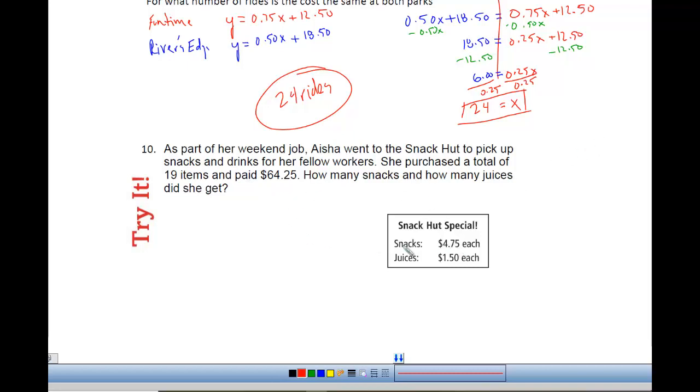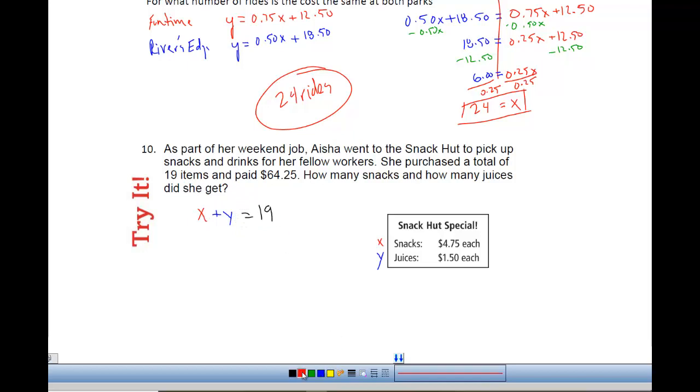So let's go ahead and call these X's and these ones Y's. Doesn't really matter. And we know that some combination of X and Y, the number I bought, equaled 19 items. Okay, so I bought some X's, some number of Y's, and the total was 19.